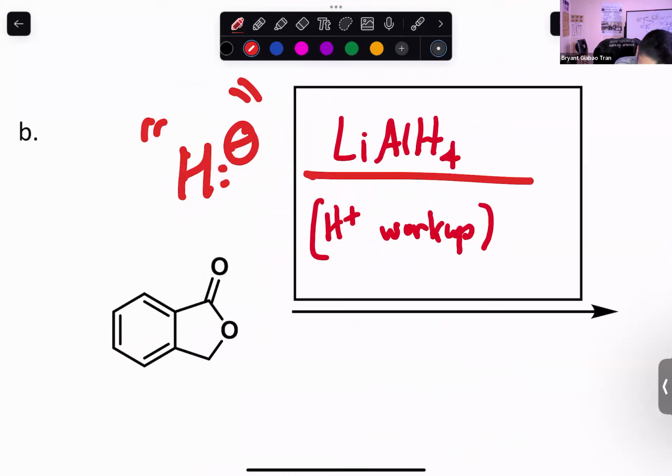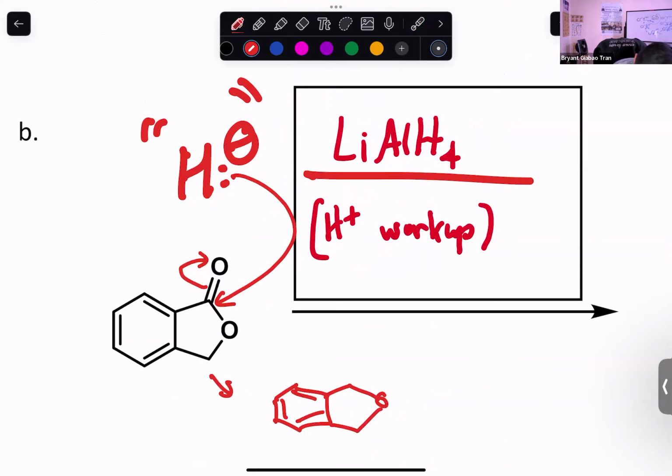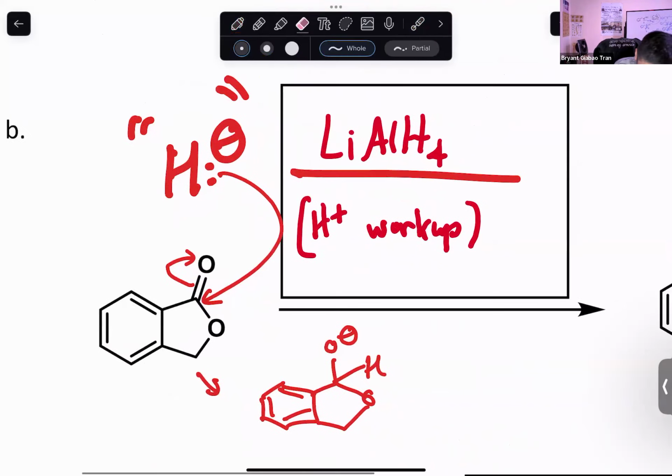This hydride ion here is nucleophilic, which will attack that carbonyl carbon, push the double bond onto the oxygen, and get this intermediate right here, with this new hydrogen that we just added right there.